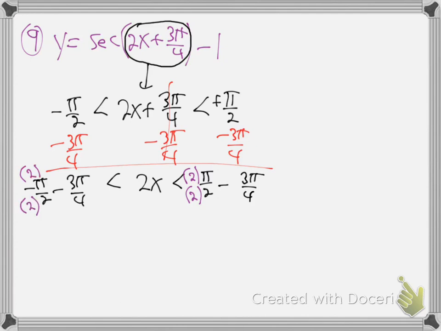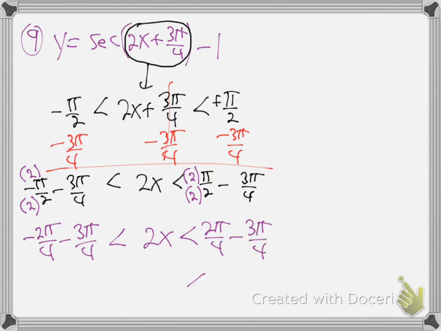To get a common denominator. Is that okay? So then we get minus 2 pi over 4 minus 3 pi over 4 and 2 pi over 4 minus 3 pi over 4. So that's minus 1 pi over 4 there. Minus 5 pi over 4 there. Good to there so far?